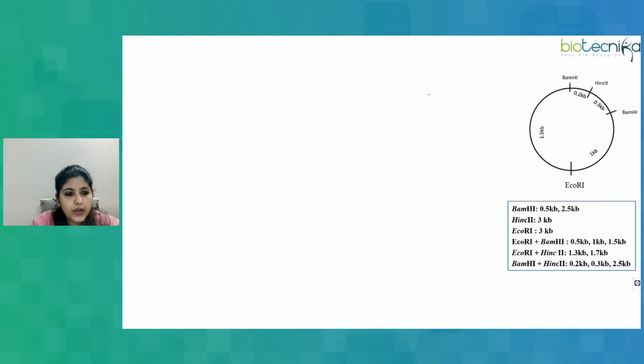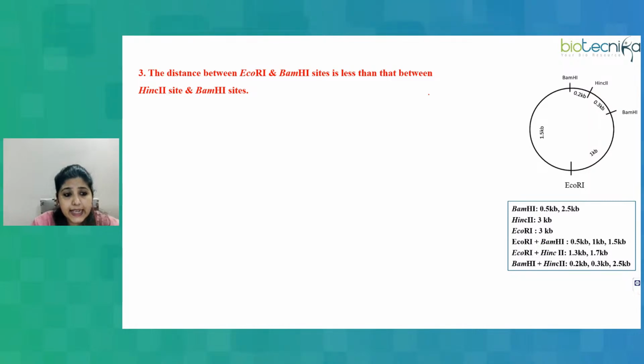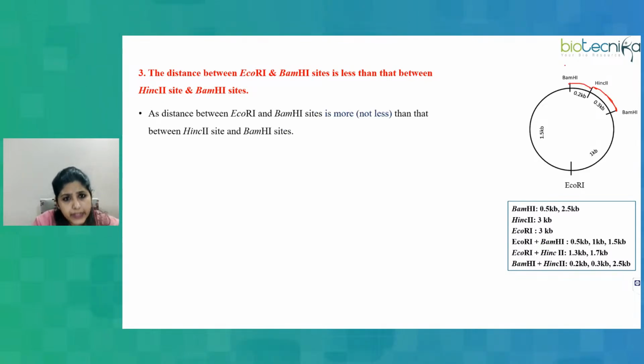Then you have statement 3, that the distance between EcoRI and BamHI site is less than between HincII and BamHI. This is incorrect, right? HincII and BamHI is only 0.2 or 0.3. But EcoRI definitely will be far, right? Because when we perform digestion with EcoRI and HincII, we are getting 1.3 kb and 1.7 kb, or with EcoRI and BamHI, we are getting 1 kb, 1.5 and 0.5.